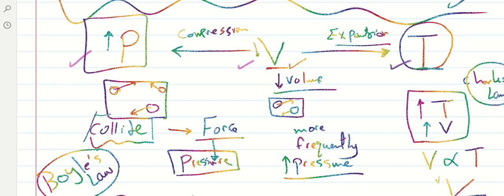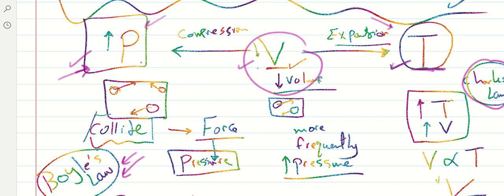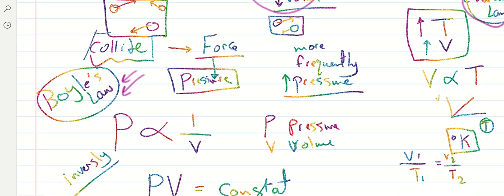The relationship between pressure and volume at a constant temperature is called Boyle's law. The relationship between volume and temperature at a constant pressure is called Charles' law. The relationship between pressure and temperature at a constant volume is called Gay-Lussac's law.